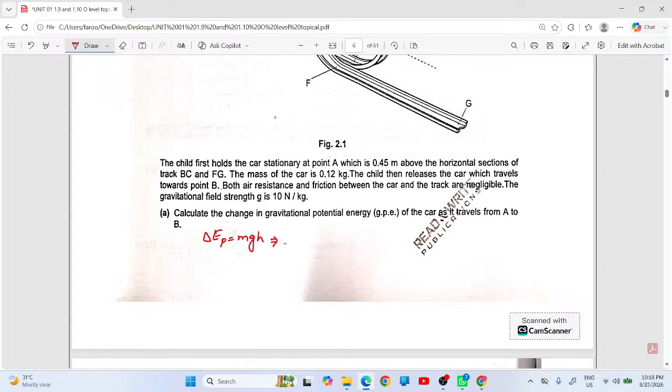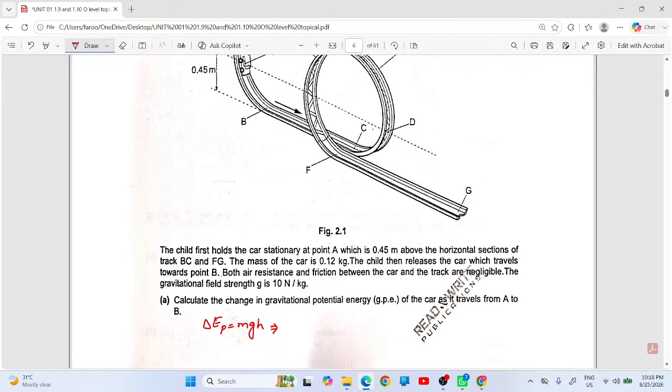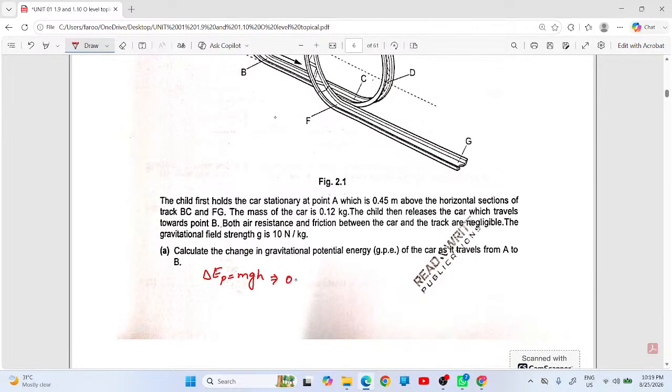The mass is given, 0.12 kilograms. 0.12 times g which is 10 times 0.45. Check. 0.54.